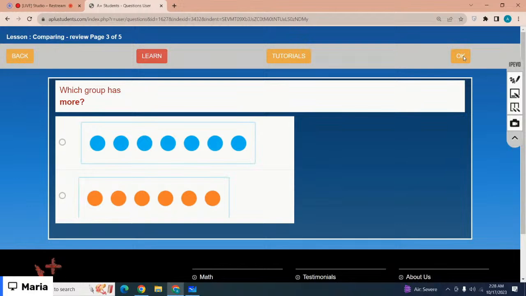Yes, the blue group has more dots than the orange one, right? Very good. Option number one is the correct option.